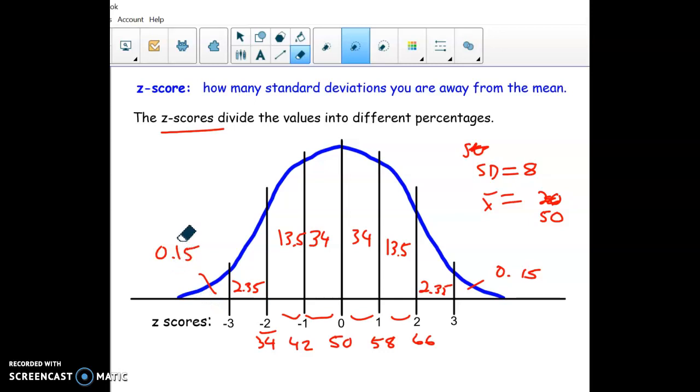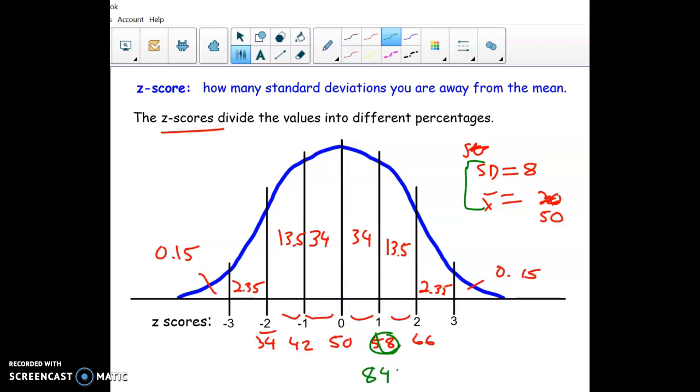Okay, and so how we're going to use this is, let's take the score 58. That percentile rank, if this was the standard deviation and mean, the percentile rank for 58 would be, I think, 84%, because we'd be ahead of or equal to 84%. And I can get that by adding up all the chunks that are below me, right?